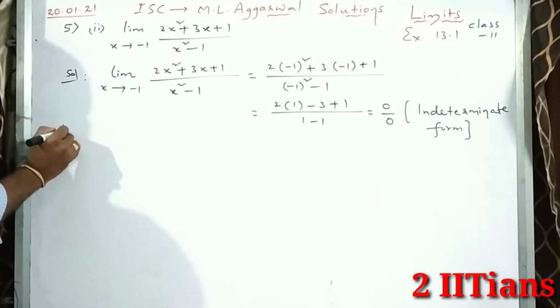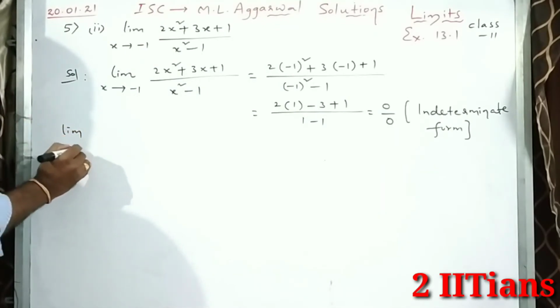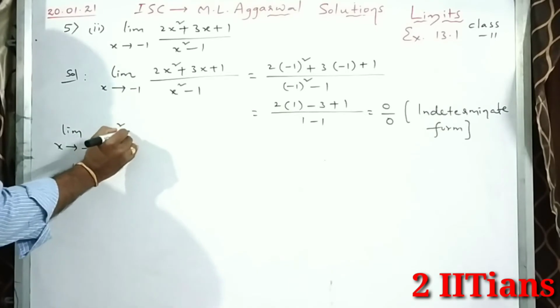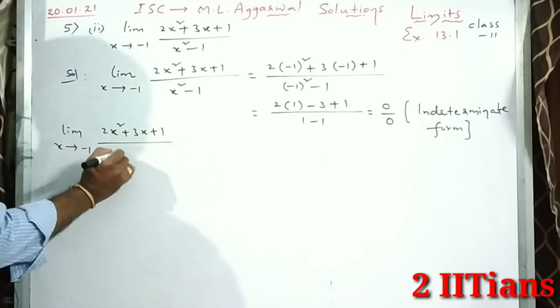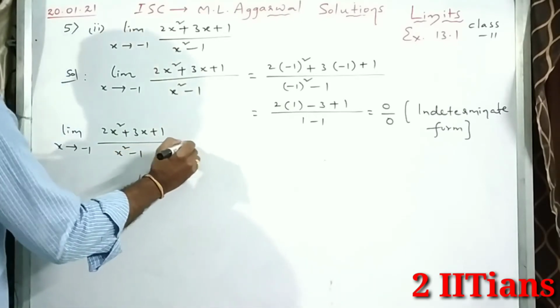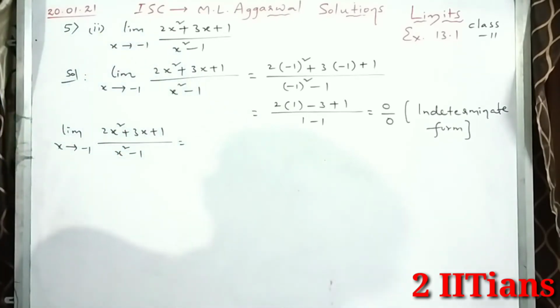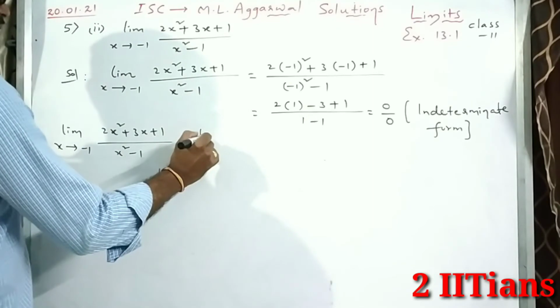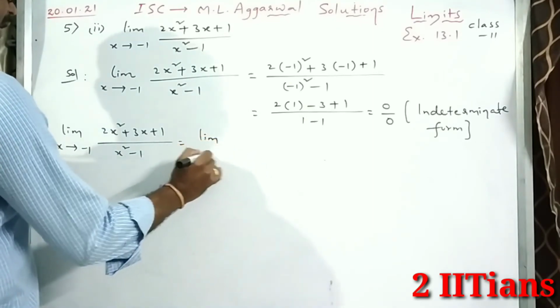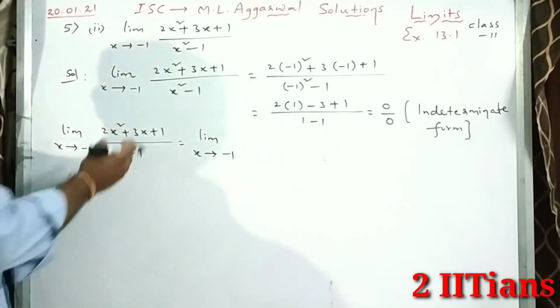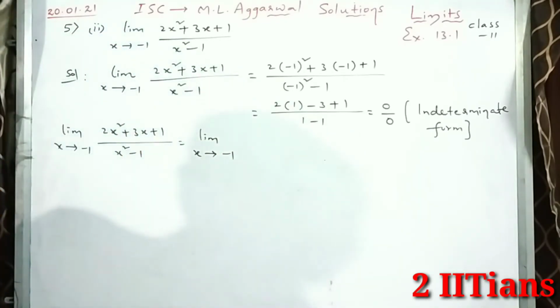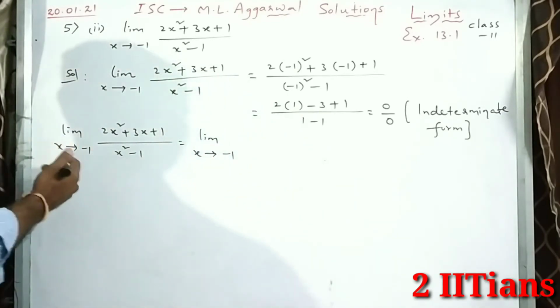Now I am taking the given limit 2x square plus 3x plus 1 upon x square minus 1. What is the other procedure? Yes, that is factorization. Everybody knows how to factorize a quadratic expression by splitting the middle term.